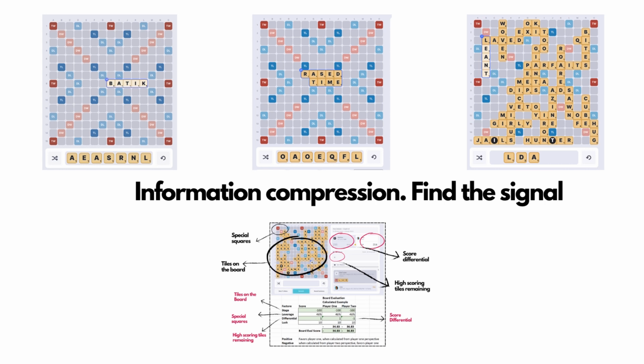How do we compress all the information that is available to us in a single signal? One signal that encompasses everything that is of relevance, one signal that represents the essence of the information we need to make a decision. So remember, what is the decision? The decision that we want to focus on is what is the move that we want to make.